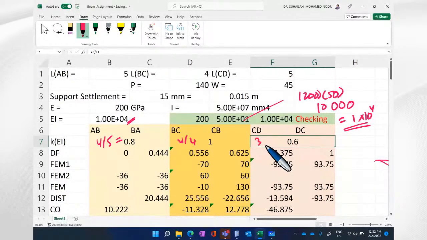That is why I use 3 over 5, so we get 0.6. Then I use this stiffness factor: 0.8, 1 and 0.6.